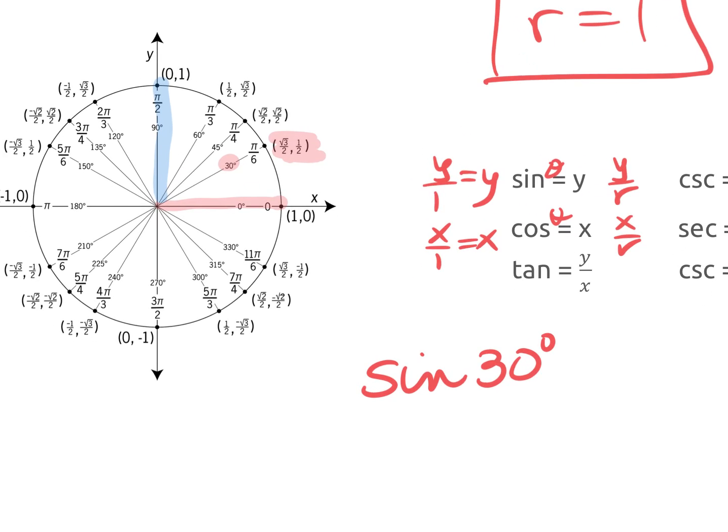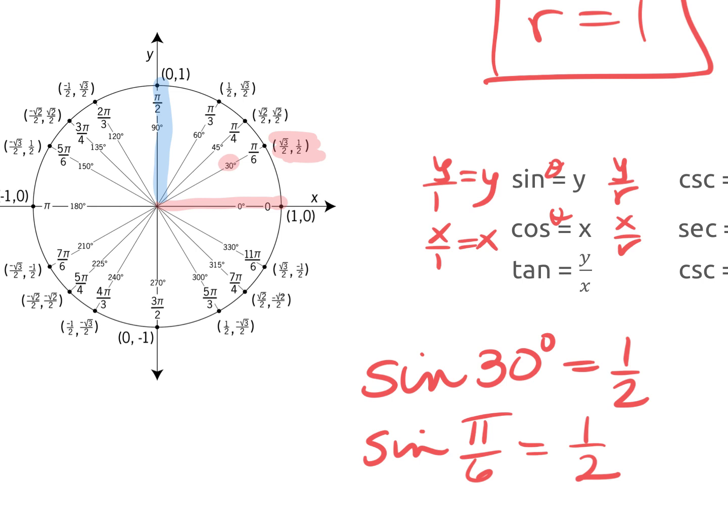So sine of 30 is 1/2, because that's the y. Okay, and then here, the radian equivalent to 30 degrees is pi over 6. So I'm no longer going to be giving you these trig functions and asking you to find them from degrees. I'm going to ask you to find them from radian measures.